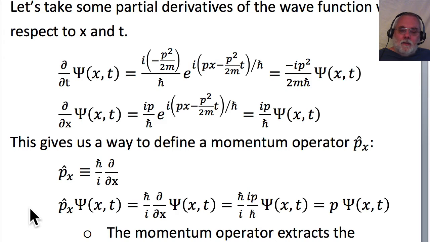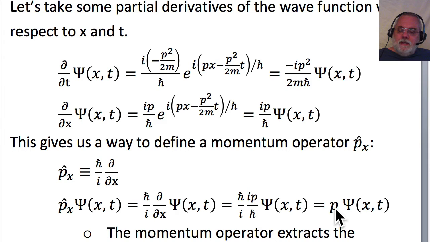If we operate on the wave function, we get h bar over i, partial derivative with respect to x of the wave function. That brings down, as we saw here, a factor of ip over h bar times the wave function. The i's cancel, the h bars cancel, and we're left with p times the wave function psi.